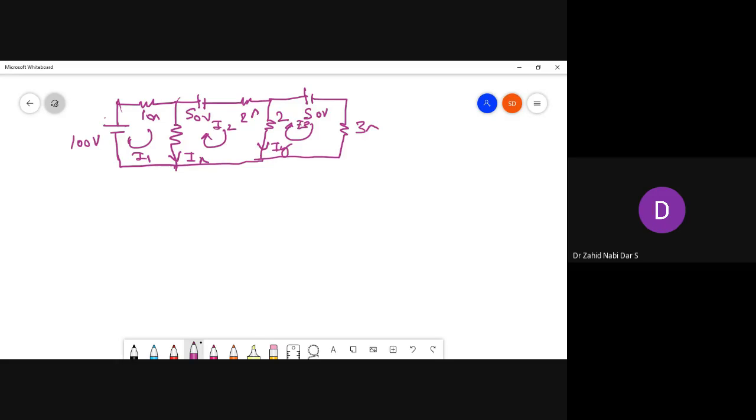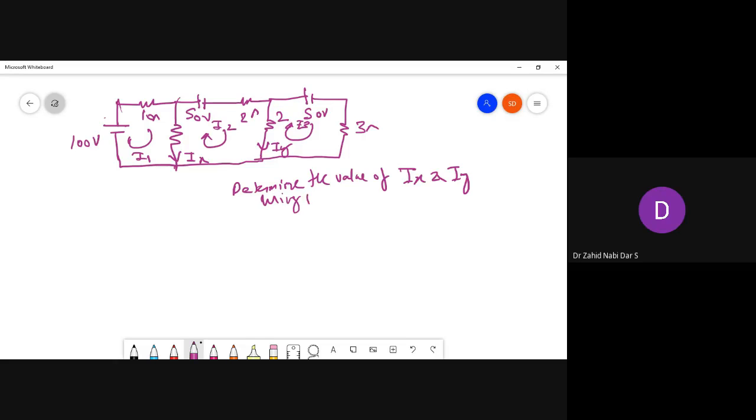So determine the value of Ix and Iy using KVL.